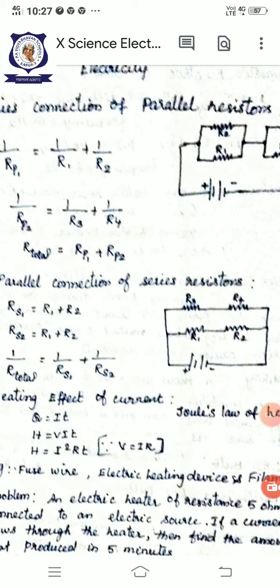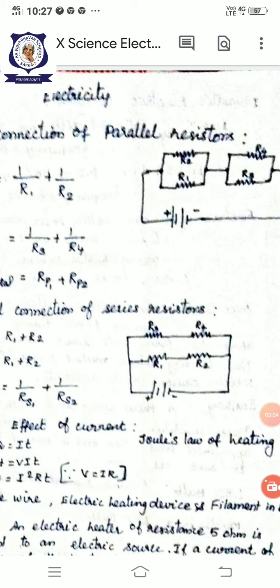So what is the total? Rp1 and Rp2 are both in series connection, so the total is equal to Rp1 plus Rp2. For solving sums, we have to use this.